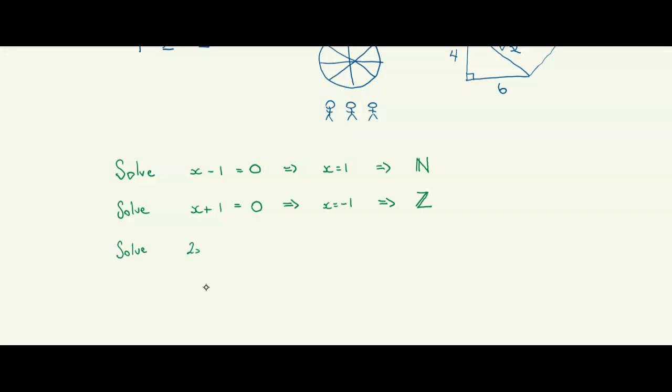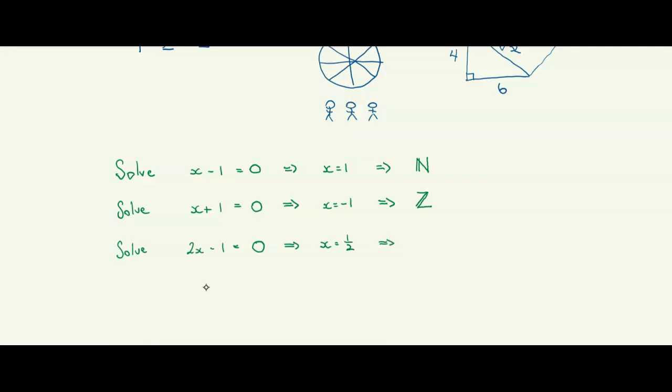So then the situation of the pizza and the people. How do we solve such a thing where we've got perhaps, I'll make that a minus, perhaps we've got one thing to share between two people? Well, now we need to develop a number system that can handle that. And that, of course, was the rational numbers.